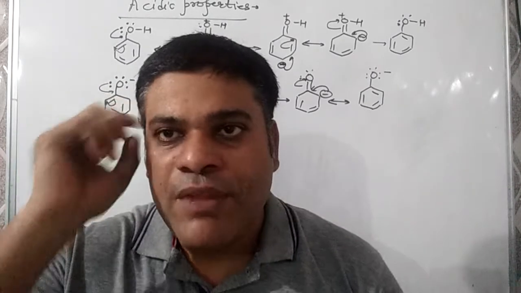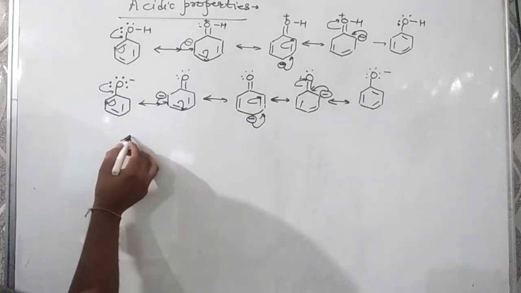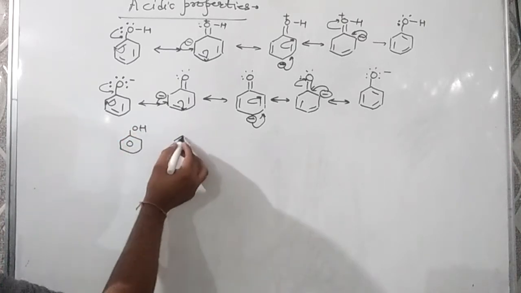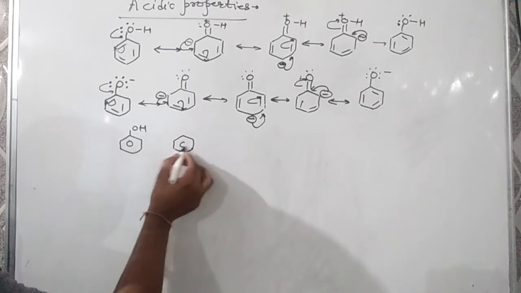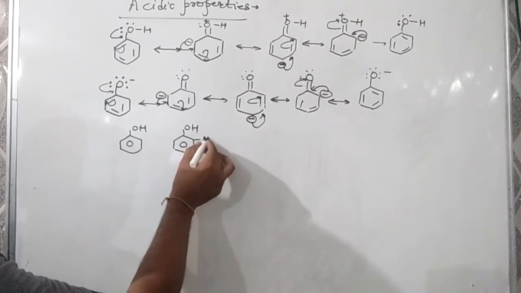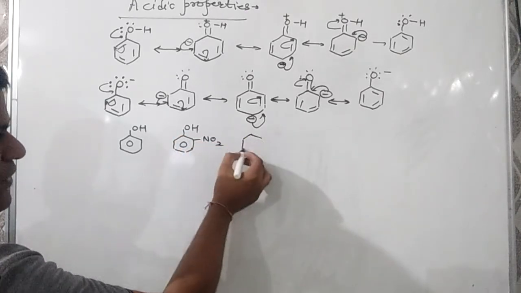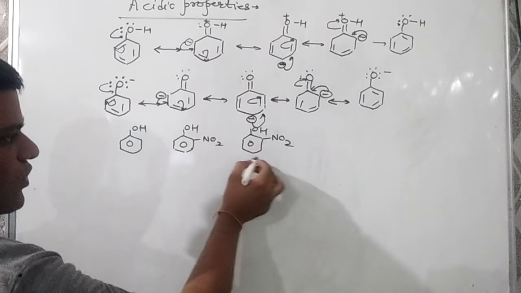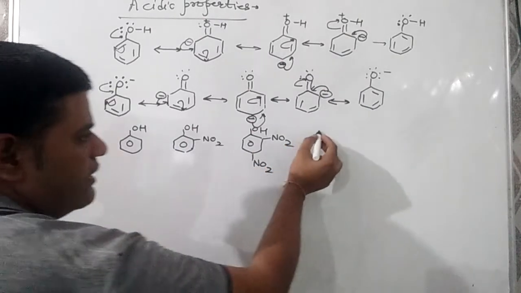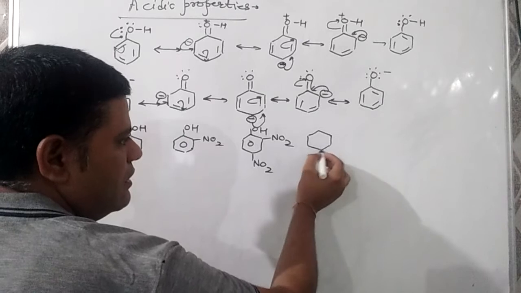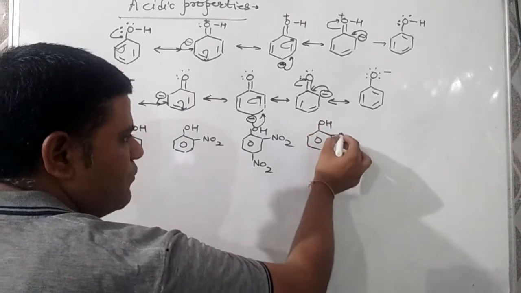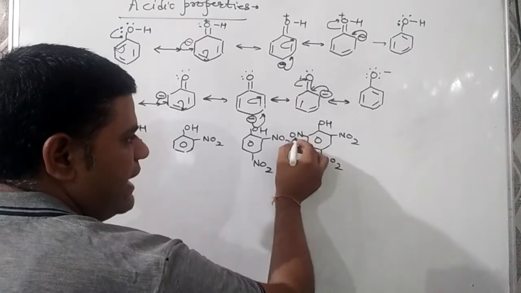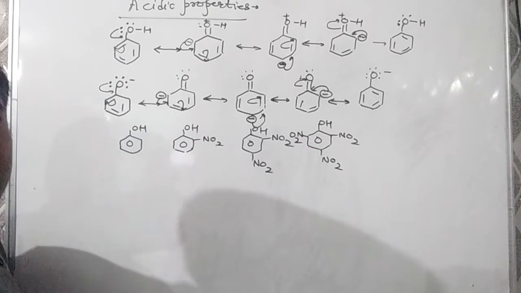First question might be there in exam: arrange phenol, 2-nitrophenol, 2,4-dinitrophenol, and 2,4,6-trinitrophenol in acidic strength, or Ka value, pKa value, or Kb value, or pKb value.